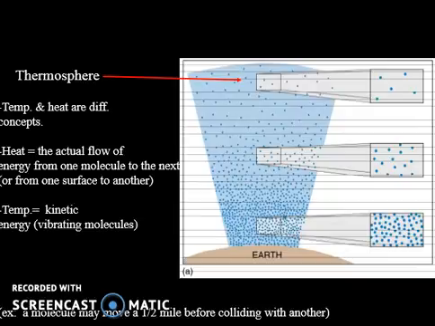When we talk about temperature, we're talking about kinetic energy, so vibrating molecules. And in the troposphere, there are a lot of heavier molecules, and they can collide with each other because there are quite a few of them, since 90% of the atmosphere exists closest to the Earth's surface.